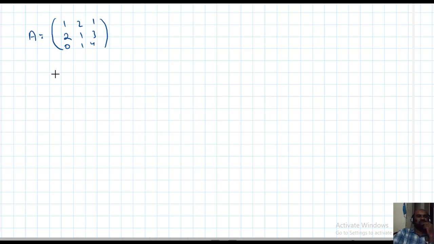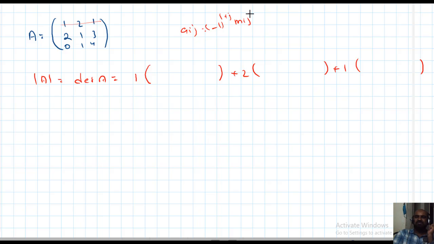According to the definition, how to find the determinant? You can choose any row or any column. So I will always choose the first row, that is 1 2 1. Det A equals 1 into its cofactor, plus 2 into its cofactor, plus 1 into its cofactor. What is the cofactor of Aij? Minus 1 power i plus j into Mij, the minor.